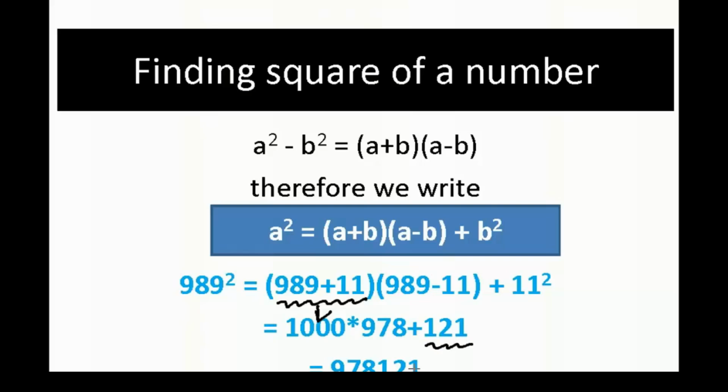In this case I'll put 121 because our base is 1000, so we can keep 3 digits here. So that's all is the answer, 978,121. Let's check out 989 into 989, 978,121. So you can just imagine that with a single line we are able to write our answer. So how effective it is.